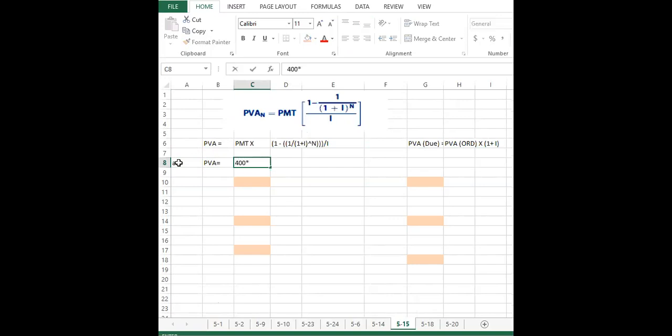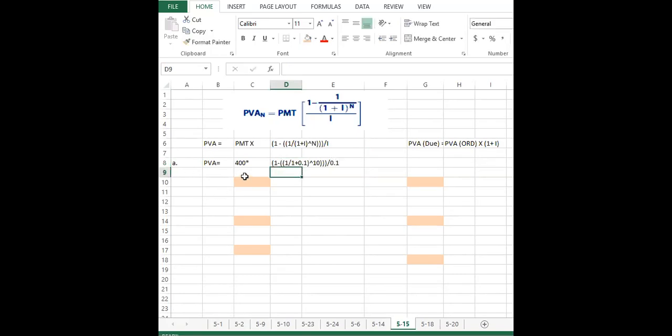It should be multiplied by factor, and the factor is 1 minus, 1 divided by 1 plus interest, and we have 10% interest, so 0.1, and we have 10 years, so raised to the power 10, then divide by 10%.